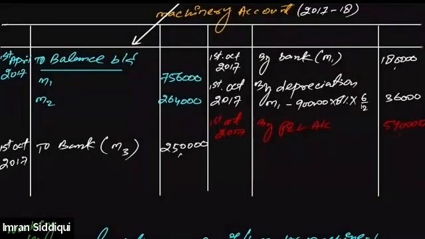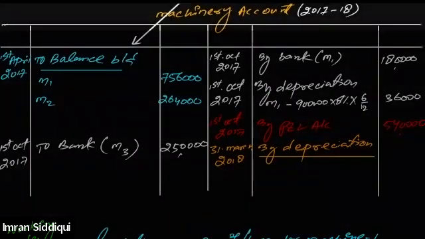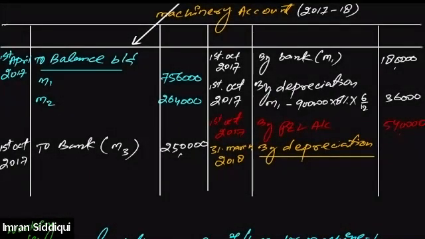Now we'll calculate the depreciation on the remaining machinery till 31st of March 2018. Tell me on how many machinery we need to calculate depreciation. For how many machinery we need to calculate depreciation? In respect of one machine, two machines, three machines, for how many machines?